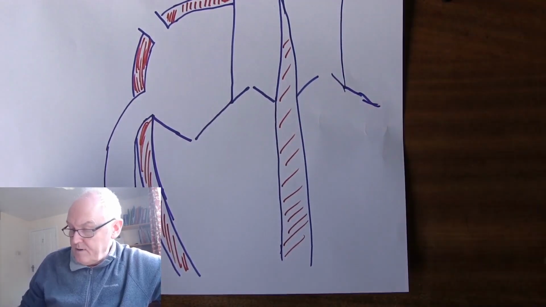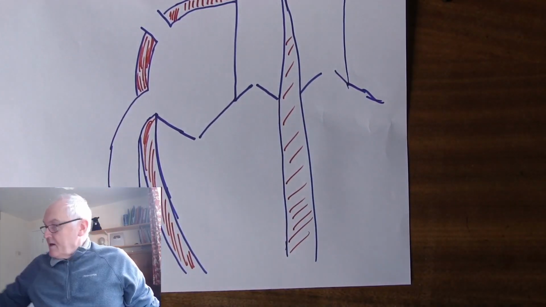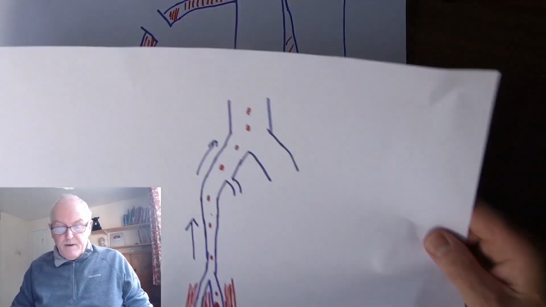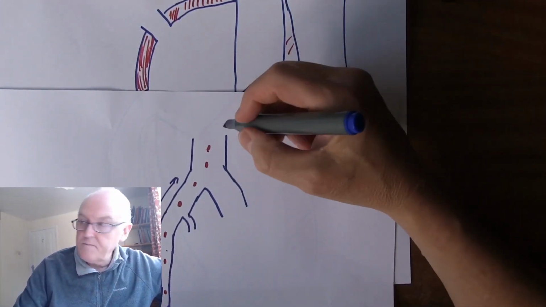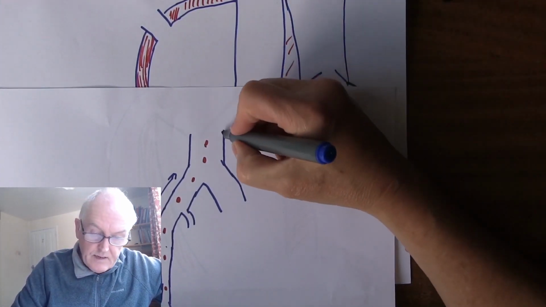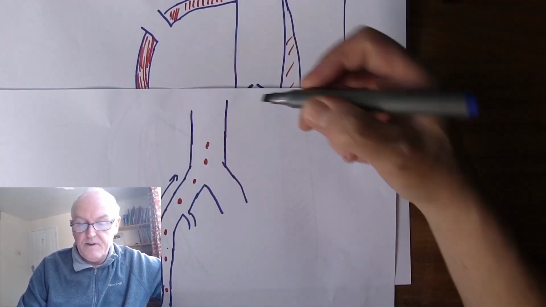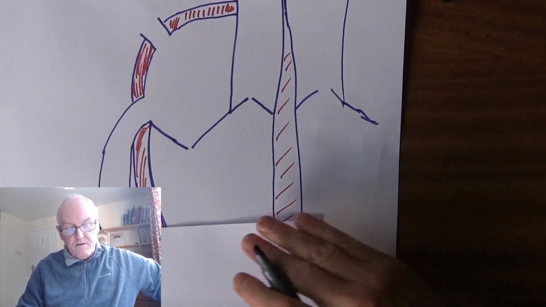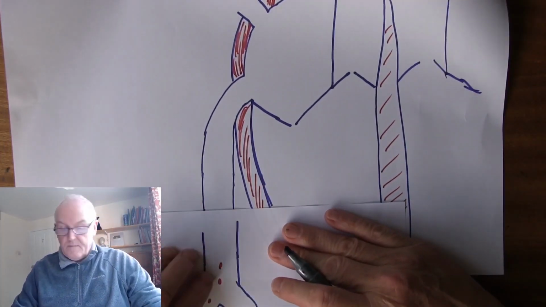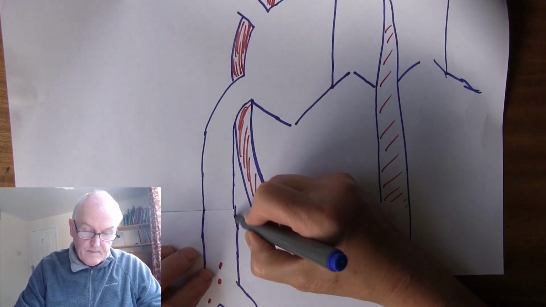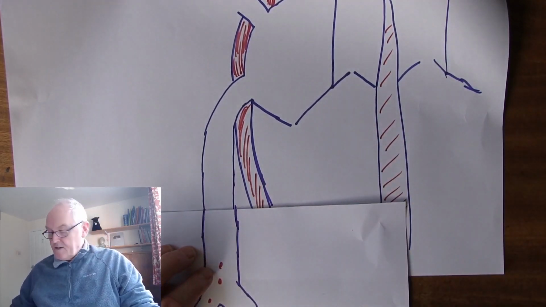So what's going to happen with these emboli that are passing through increasingly large lumens of vessels? It's going to go up the inferior vena cava, and the inferior vena cava is going to join here like this. So that's the continuation of that.